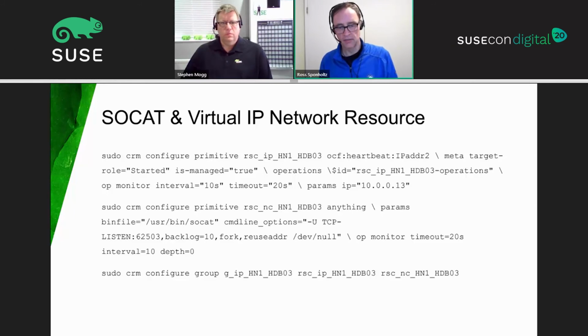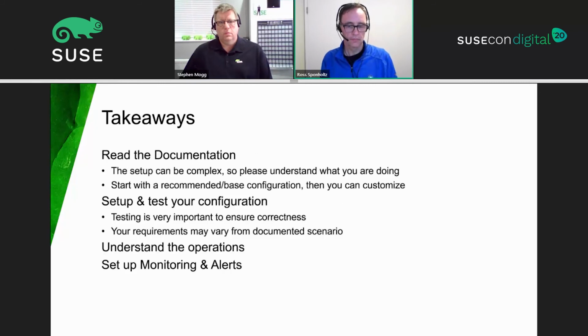The cluster can configure which of the machines the SoCat program is running on. So what we do here is tell the Pacemaker cluster that the SoCat program must run on the same machine as the active HANA machine. And that's what can control the health probe from the Azure Load Balancer.